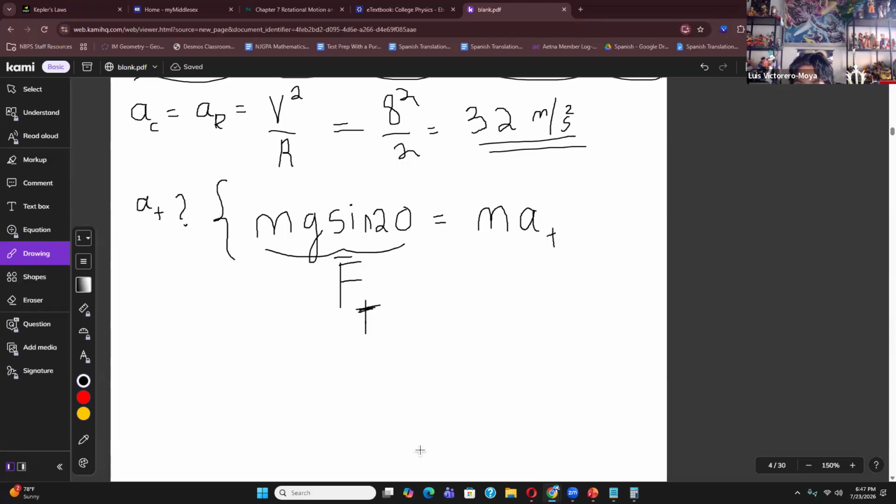So the mass doesn't matter, and I get that the tangential acceleration is g sine 20. And how much is that?